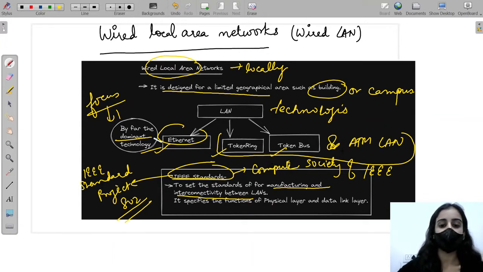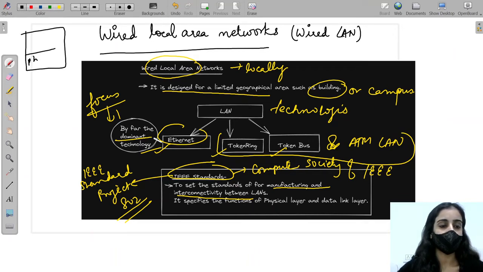And one more thing that it does is that, suppose this is a physical layer and this is a data link layer.